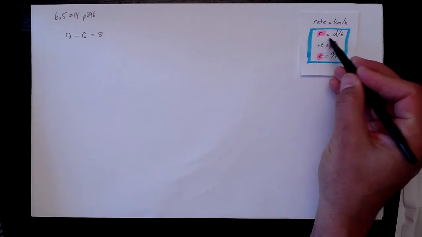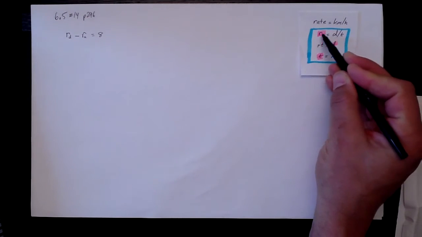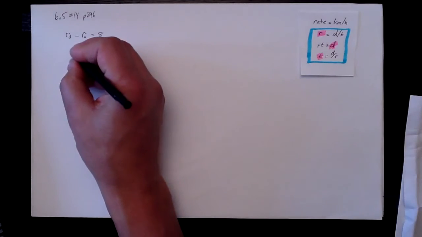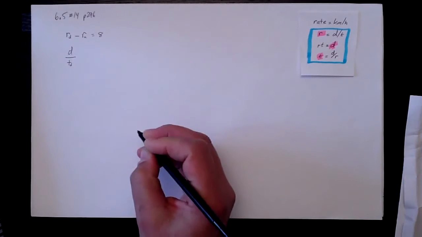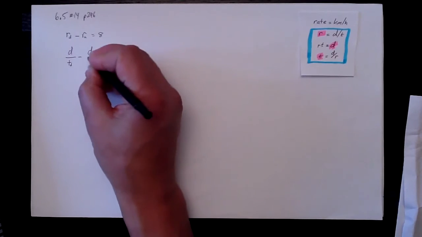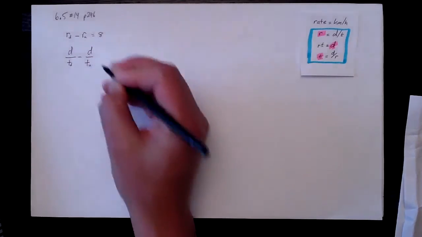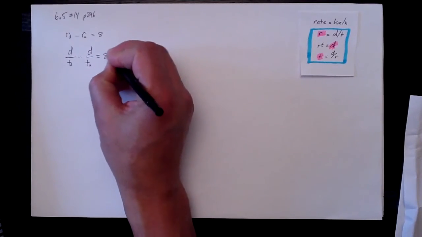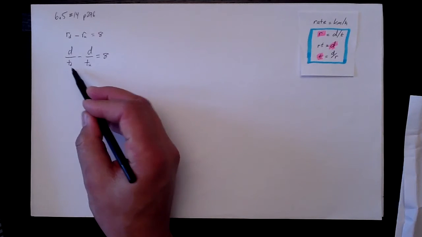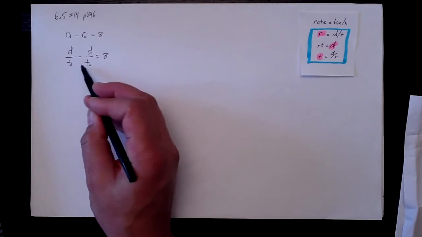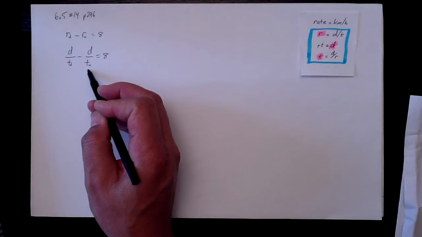And so we can now translate that into distance over time, because we know rate equals distance over time. So the distance over the time downstream minus the distance over the time upstream equals 8. Now we don't know time downstream and time upstream, but we do know that when we add them together we get 10 hours.